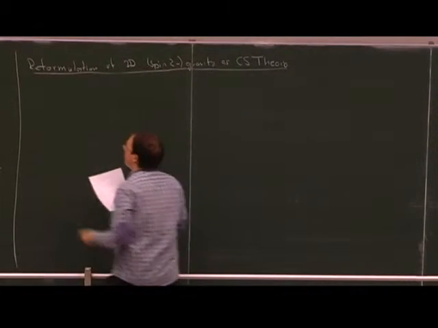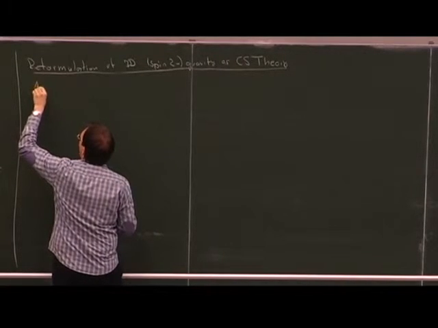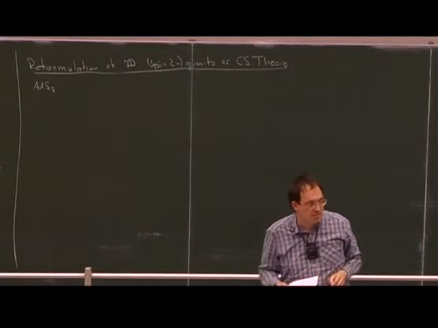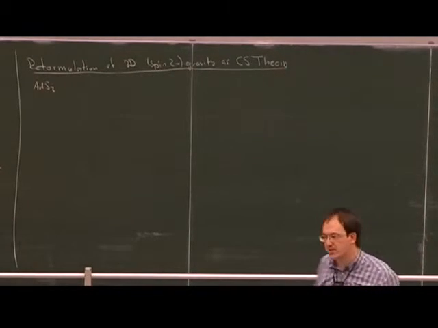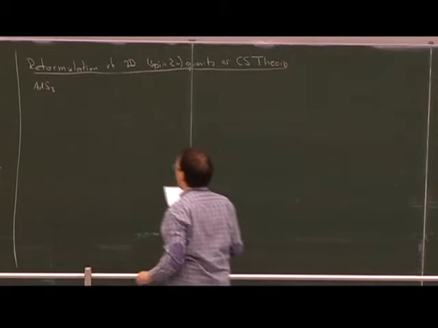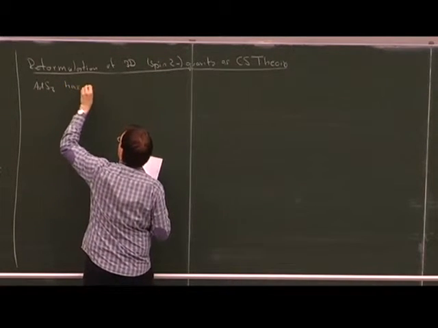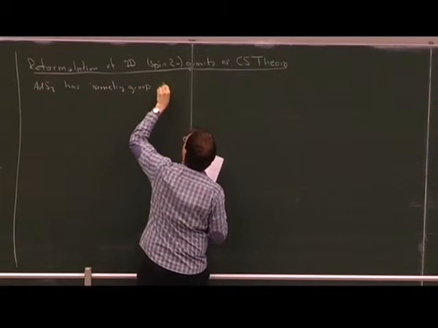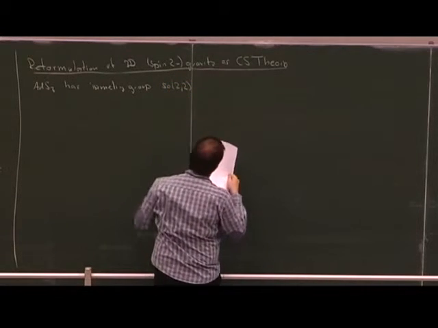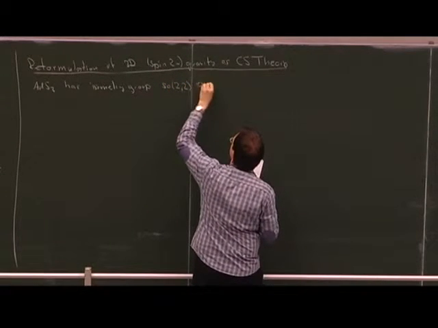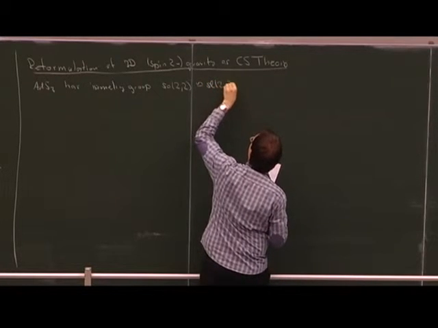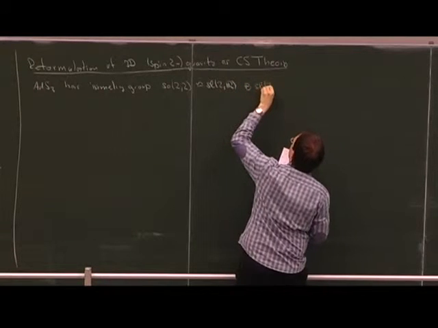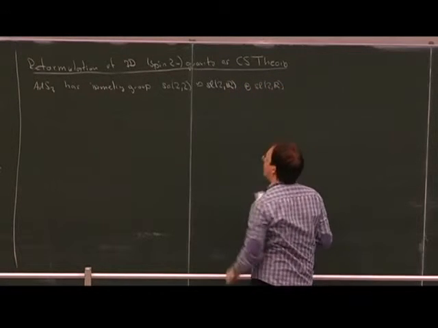Okay, so first remark that the vacuum solution of this three-dimensional gravity theory is, of course, AdS3, and the isometry group is just SO(2,2). And we can write this SO(2,2) as two copies of SL(2,R). Okay, first nice thing.